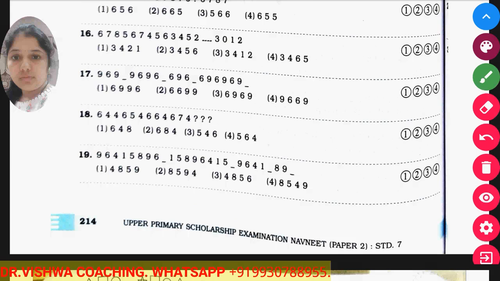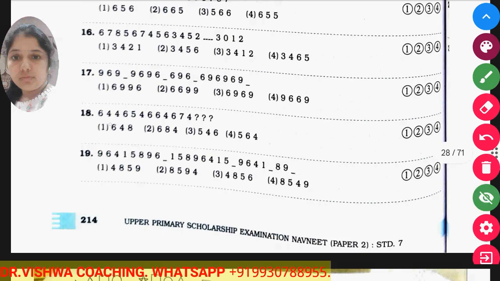Okay. Now, same way, again if you look carefully here, 644 is one group, then 654 is another group, 664 is the third group, and 674 is the next group. So 644, after that 654, means 4 is raised by one number, this 5 is raised by one number, this 6 is raised by one number.